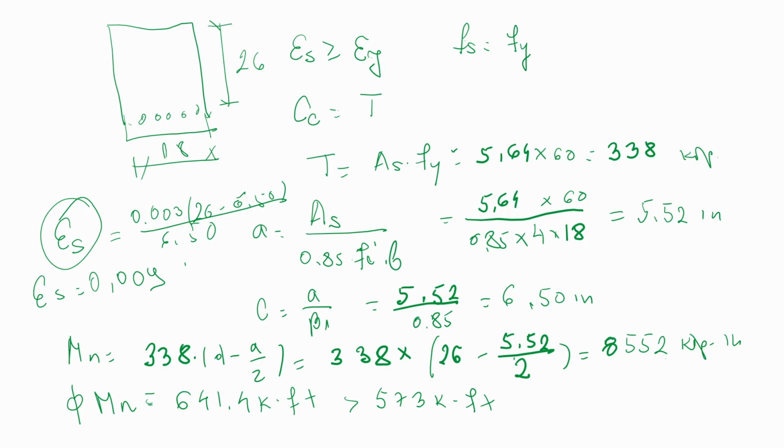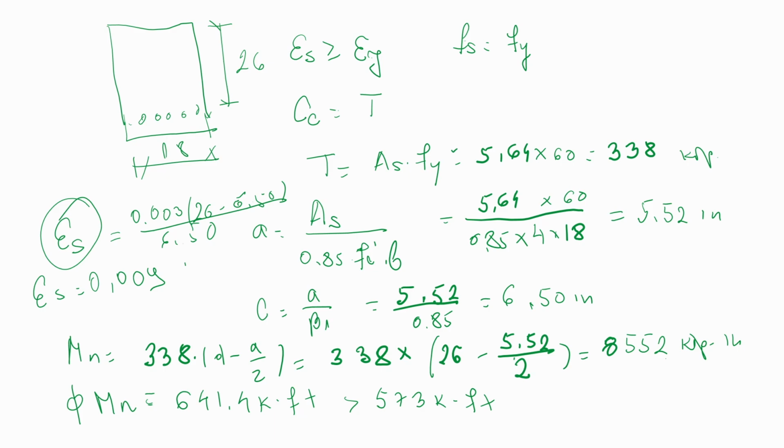Again, I gave you this equation earlier. You have area of steel times fy over 0.85 times f'c times b. So in our case, you will get 5.64 times 60 over 0.85 times 4 times 18 to be equal 5.52 inch.